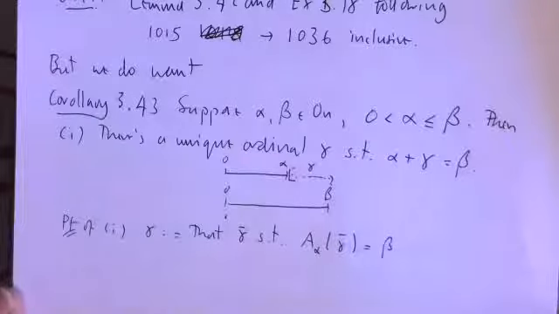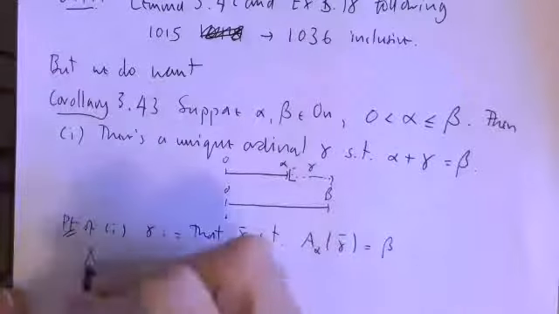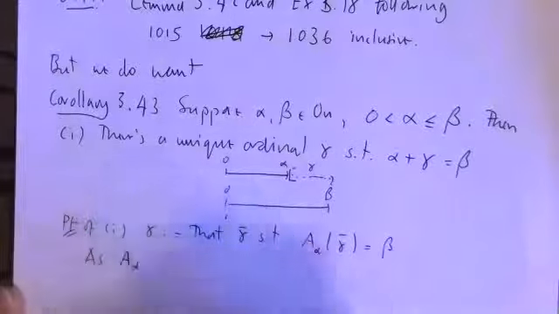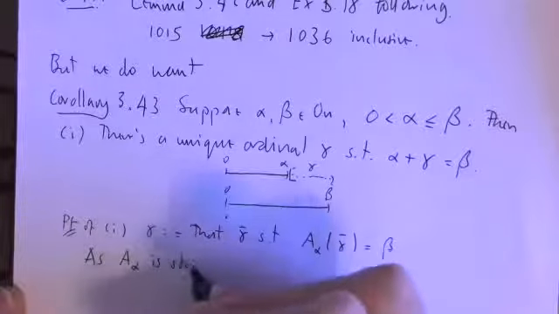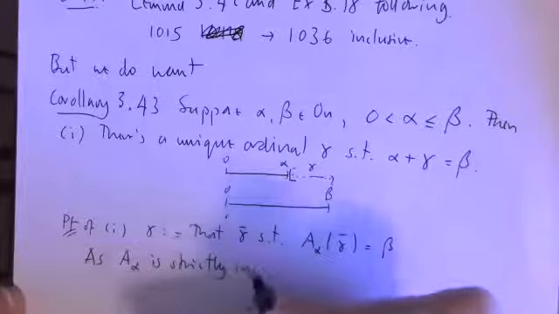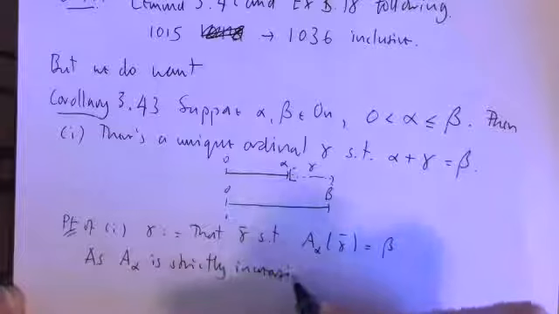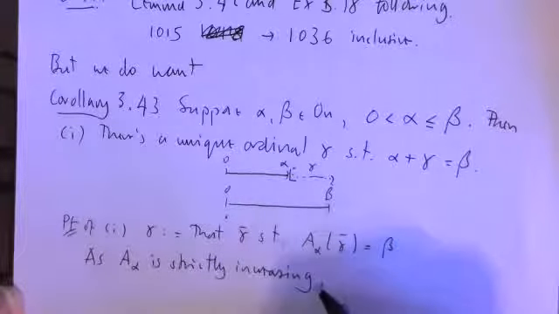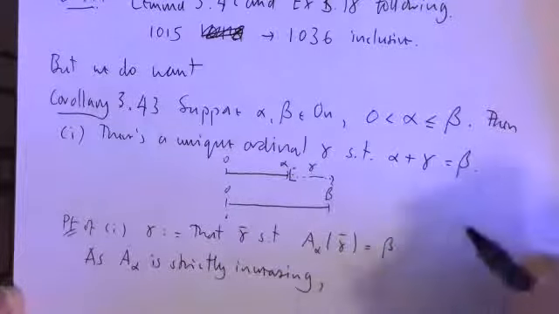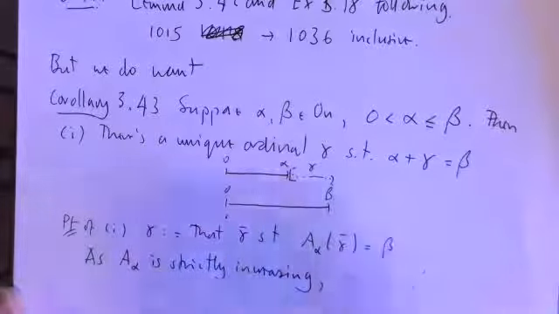So a more rigorous proof would be to say, as the add alpha function is strictly increasing, right? So it's a function that's forever increasing like this.